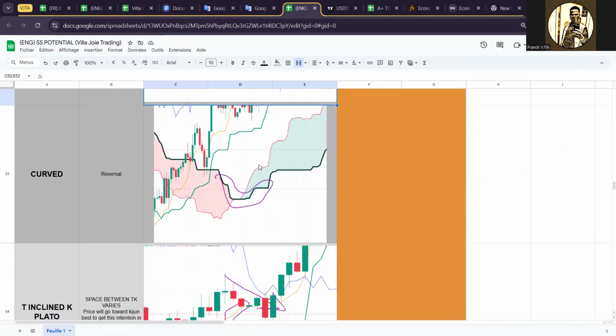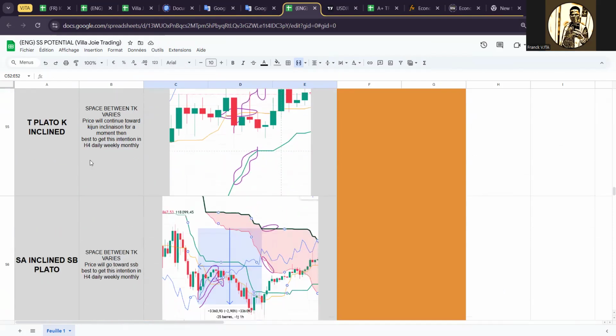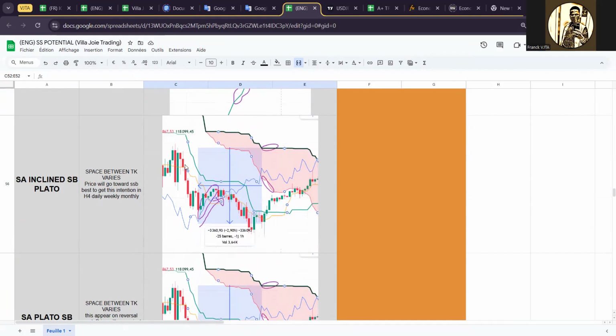The curve is already evident. You need to break this plateau to have a valid curve. After that, you have a tick. Let us look at the cloud only. When SSA is inclined to the downside and SSB is plateau, the price will go toward the SSB side, right?